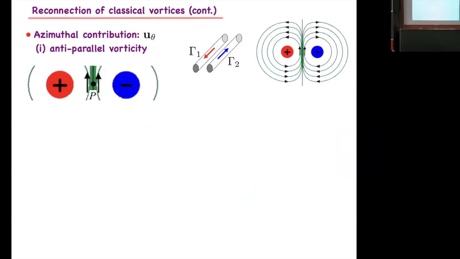Let's see how this azimuthal contribution works in the case of the anti-parallel situation. Now, pay attention. Here we have a point of symmetry in the plane, which I call P, and this is the point where you see the streamlines are so intense and they are going in the same direction. That means the pressure is very low at that point.